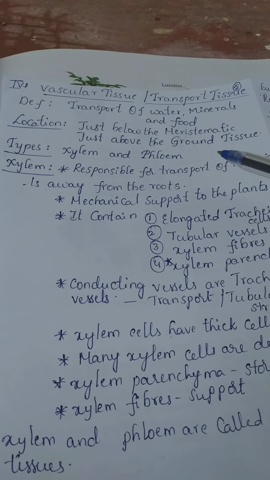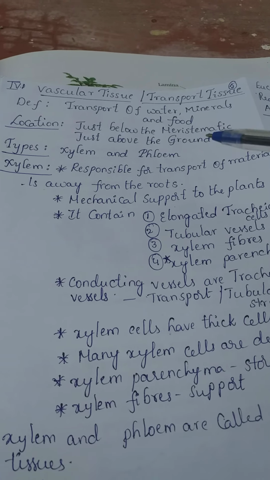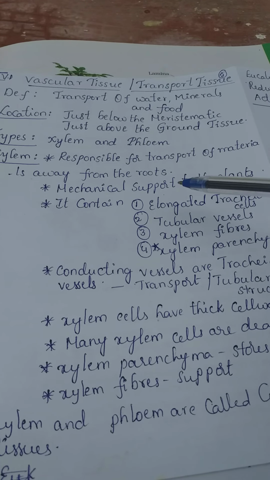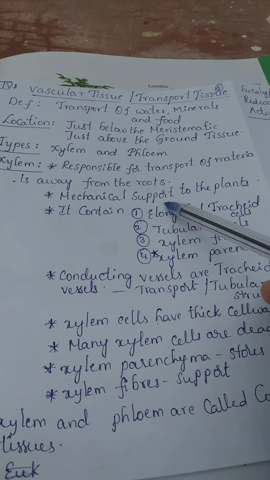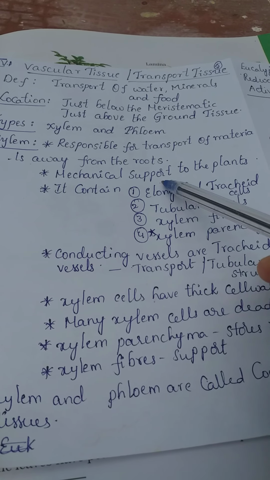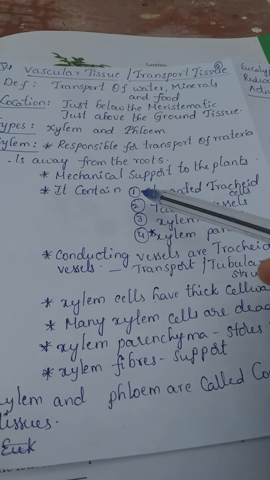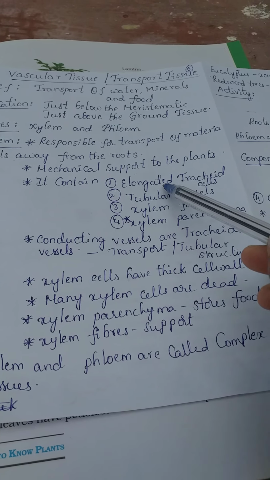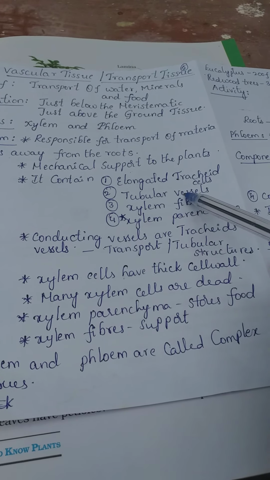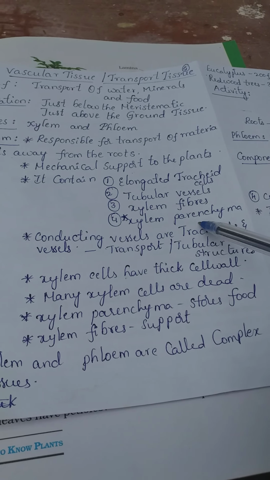This xylem is not only useful for transportation, but also gives mechanical support, because most of the xylem cells are made up of dead tissues. It contains four types of cells or components: tracheids, tubular vessels, fibers and parenchyma.